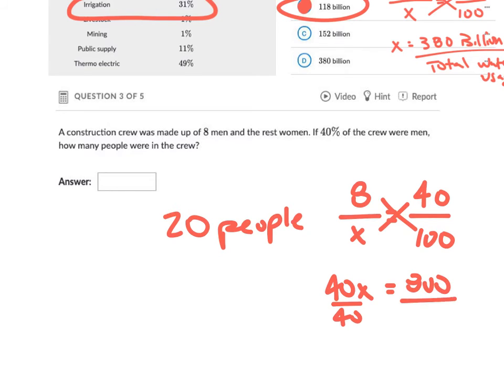Divide by 40, divide by 40, so then x is equal to 20. Did anybody do it differently and want to talk about it? All I'm doing is setting up proportions.